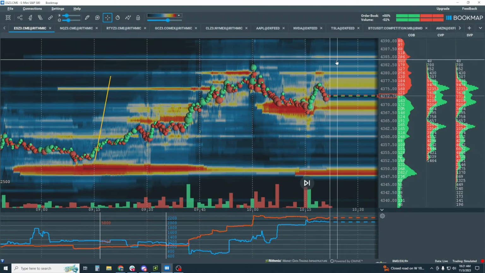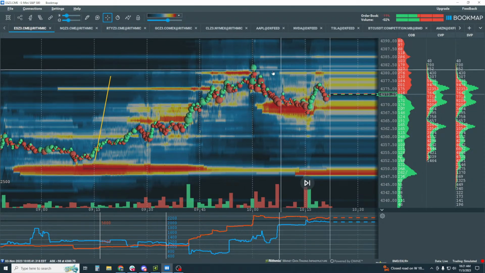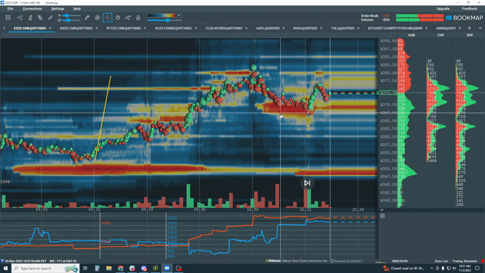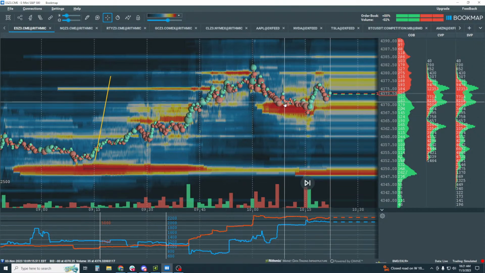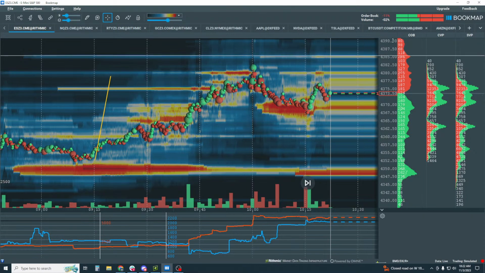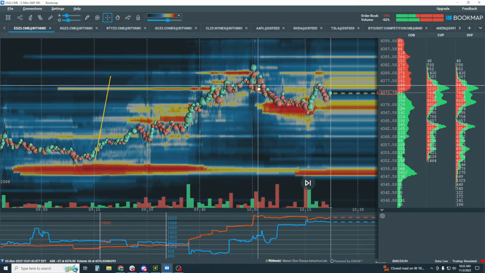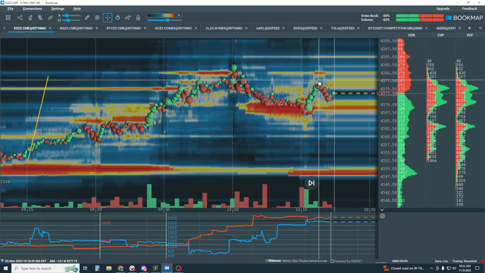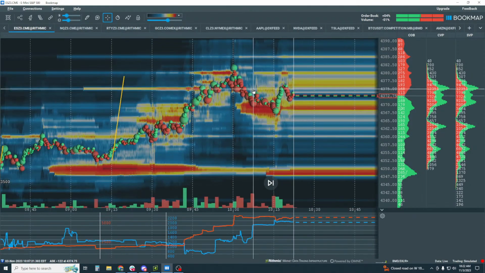It may happen, but due to this in here, it is less likely to happen. We're looking for that strong move, pullback, strong move. That's a low volume pullback. That's why and how we can filter these and then look for something that is a higher probability.